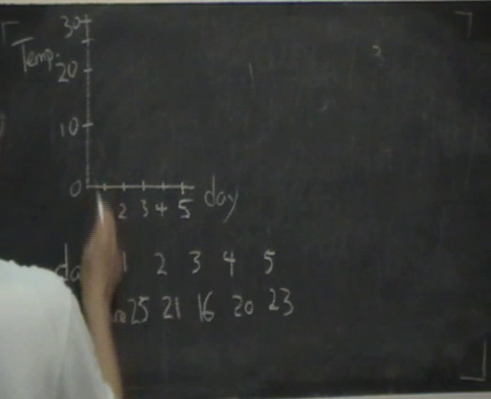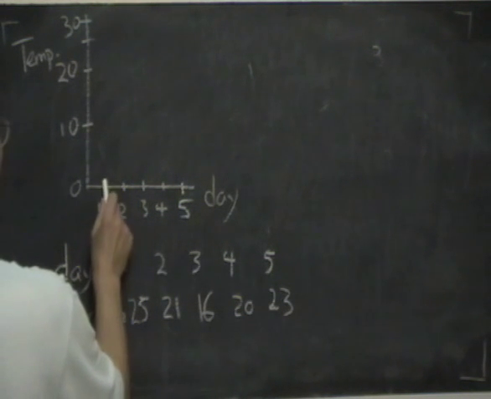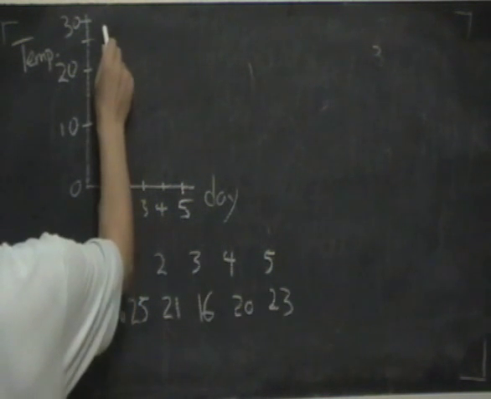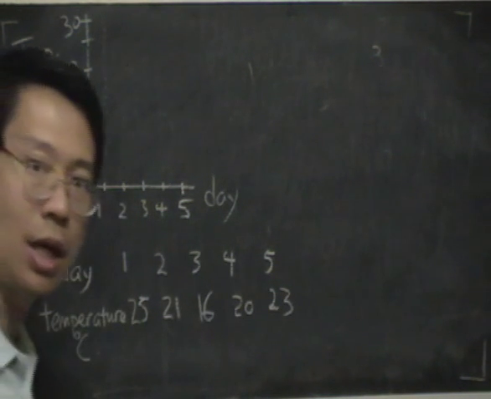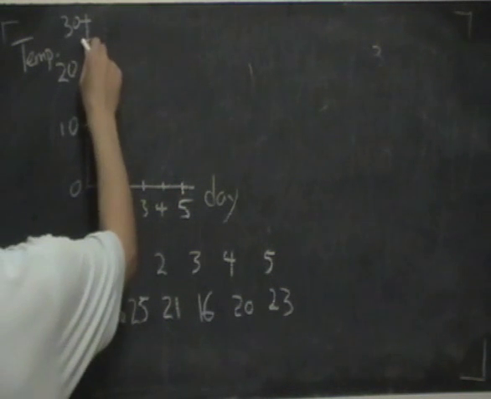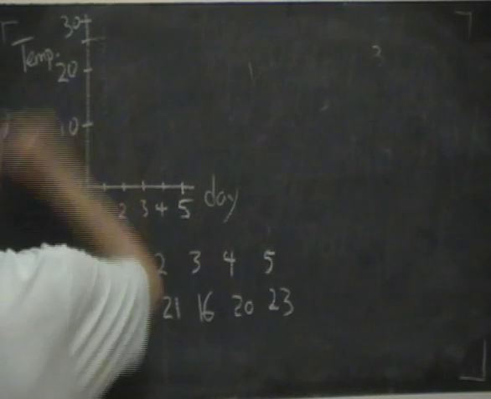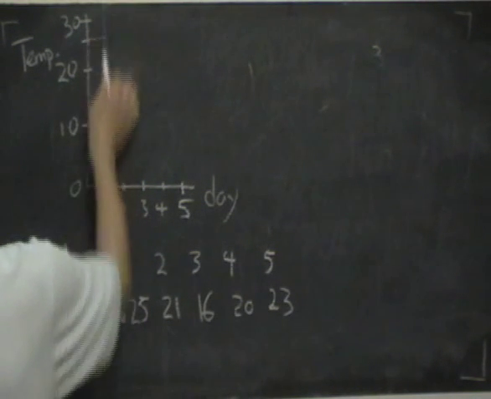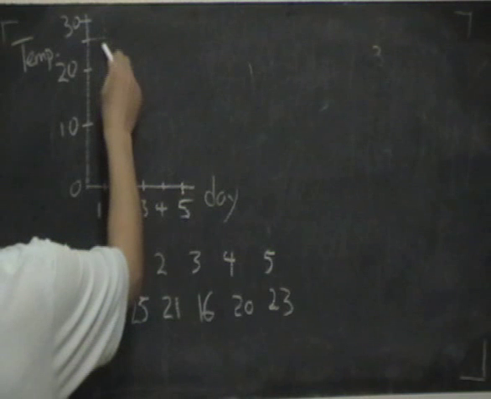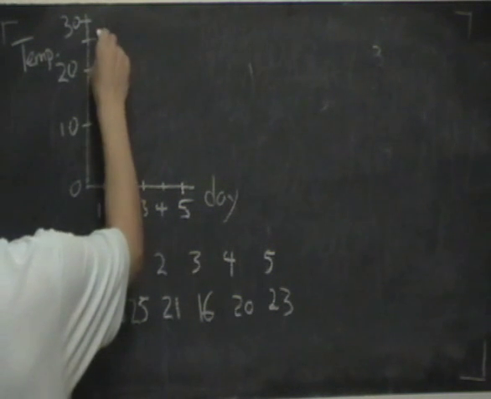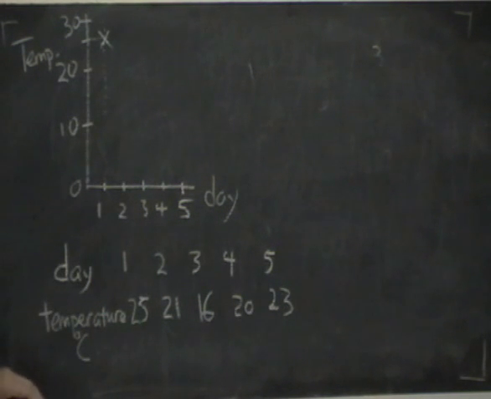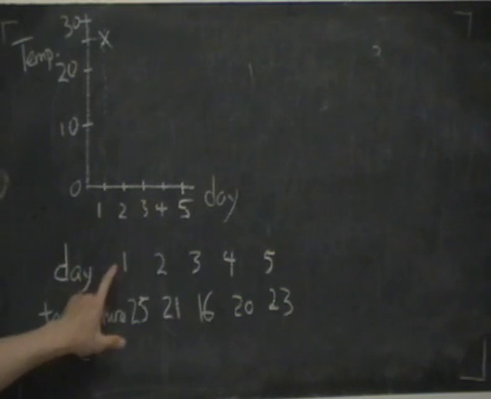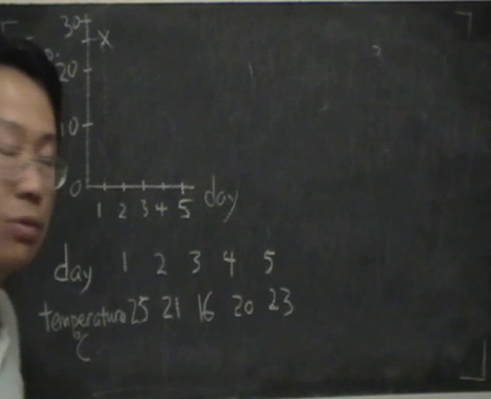From 1, imagine going straight up along a vertical line, and from 25, imagine going horizontally, and they meet at a point. I put a mark there. That mark represents this set of numbers, 1 and 25.